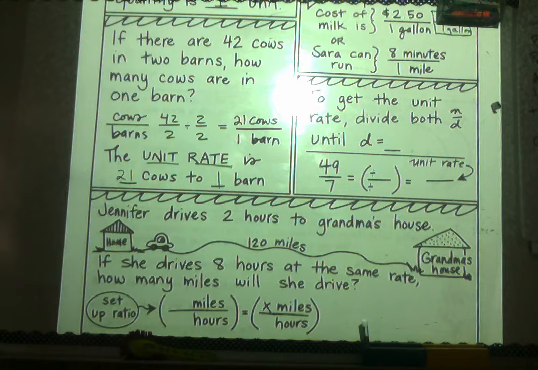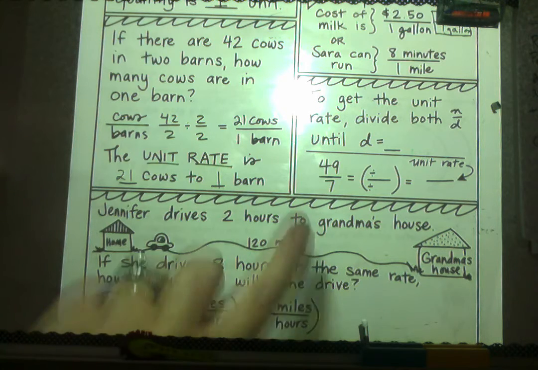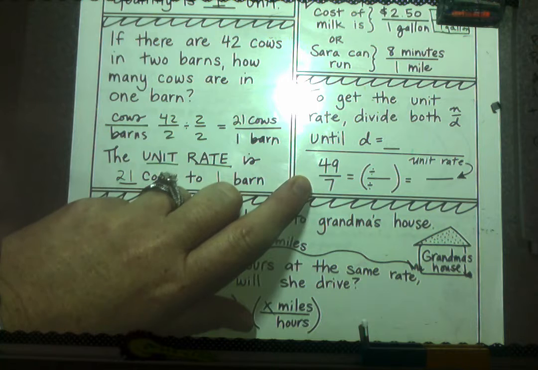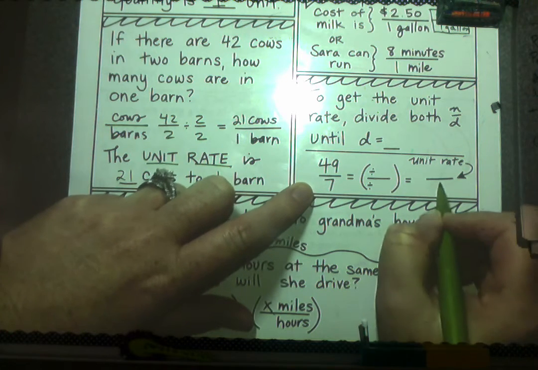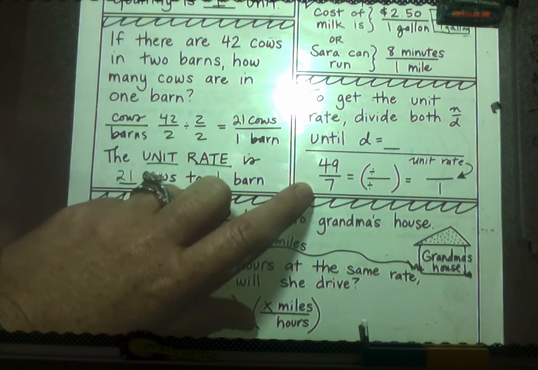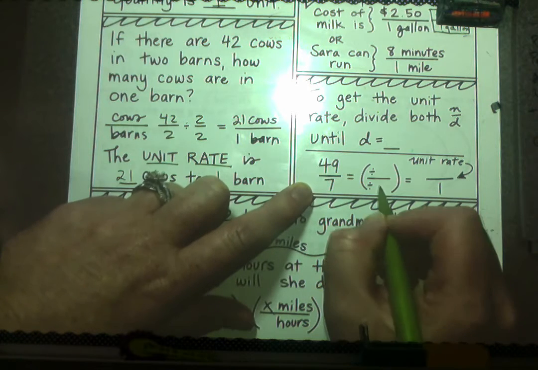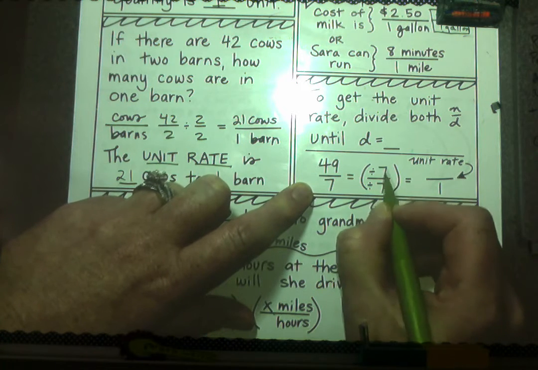All right, to get the unit rate for the next one, you have to take the number and divide it by the bottom number. We want that to be 1. So when we look at 49 sevenths, we want this to be 1. So what will we divide by? 7. Which means you go to the 49 divided by 7.